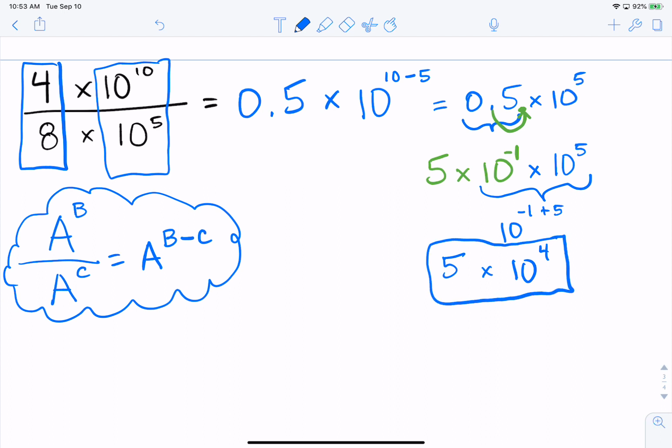To be honest, though, what do you really want to do? 4 EE 10 divided by 8 EE 5 equals, and you're done. Use that calculator. Fundamentally, I want you to understand, what is the purpose of the 10 to the? What does it do? Is that really 4? 4 times 10 to the 10.